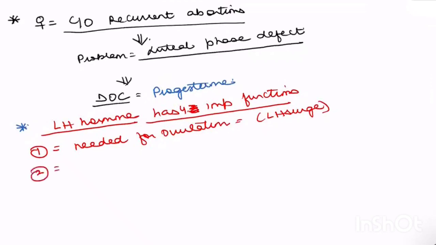Number two, it is needed for arrest of meiosis 1 is over due to LH. So it is needed for ovulation, and arrest of meiosis 1 is again over due to the hormone LH.